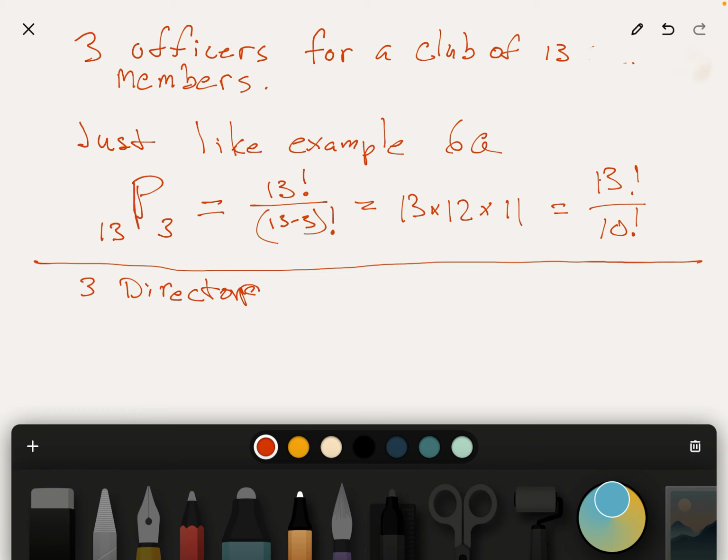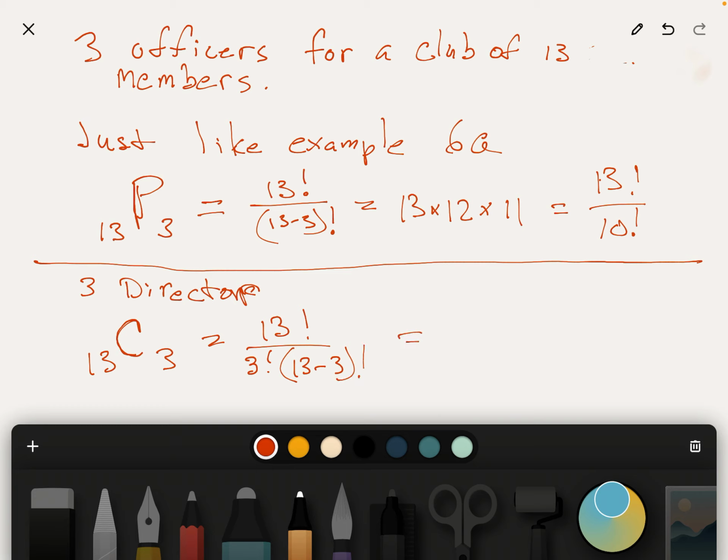So in that case, it's a combination problem, which would be 13 choose 3, but you'd have to use the formula for combination. So it would be 13 factorial over 3 factorial and 13 minus 3 factorial.